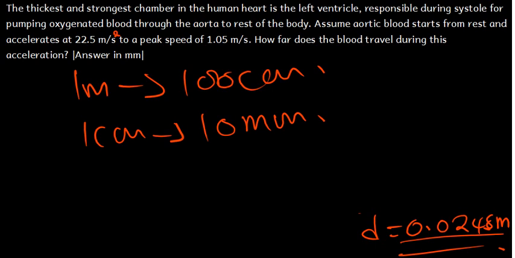So you can convert to centimeters and then to millimeters. That is the same as just saying in 1 meter there are 1000 millimeters, because 10 times 100 gives 1000.